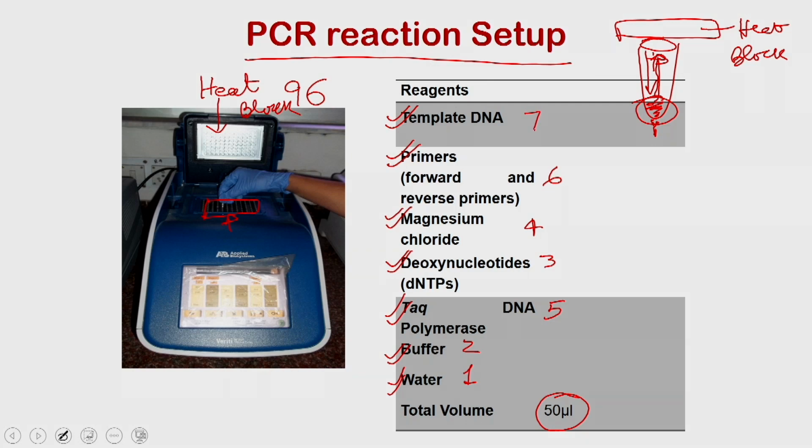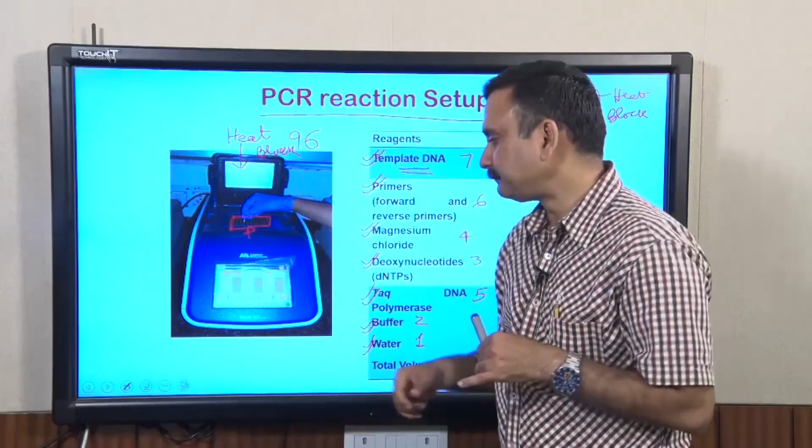If you follow this particular scheme or sequence of events, you will ensure that when you add the template DNA, there will be no pre-run or pre-synthesis, because that will create artifacts in normal PCR reactions.